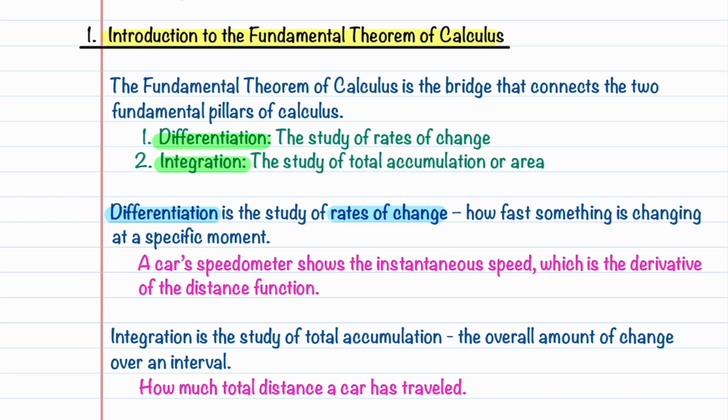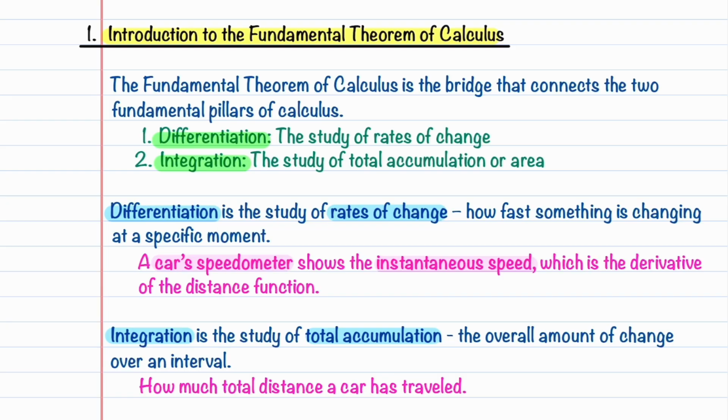For example, a car's speedometer shows the instantaneous speed, which is the derivative of the distance function. Integration, on the other hand, is the study of total accumulation, meaning the overall amount of change over an interval. If differentiation tells us the speed at any moment, integration tells us how much total distance a car has traveled.